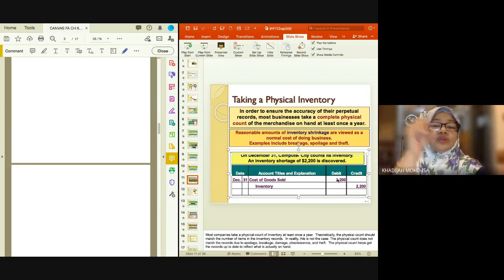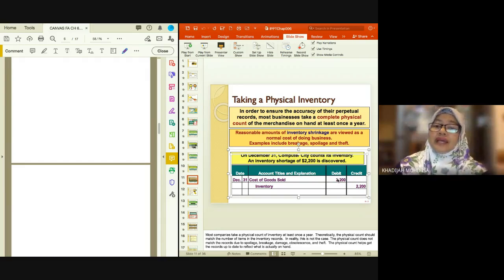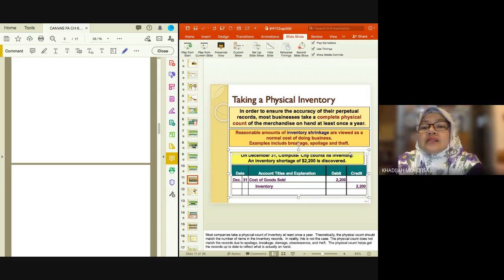Or they could do some random checking. I want to look at the 10 most high value items of your inventory. So you must show the auditor that you actually have those high value items. Because if you don't have it, but it appears in your accounts, it means that your accounts are not accurate. You have to do an adjustment. Okay, so that is on a physical stock take, and how you're going to record the shrinkage.